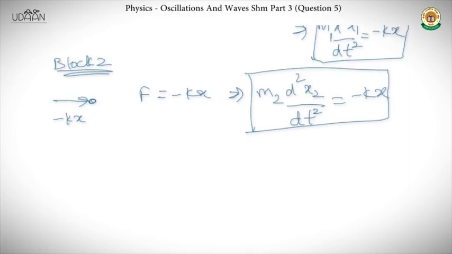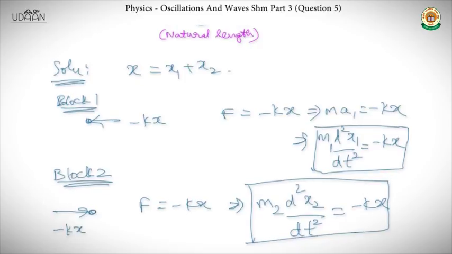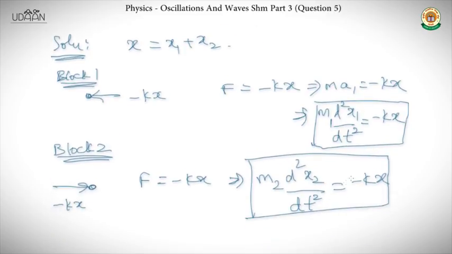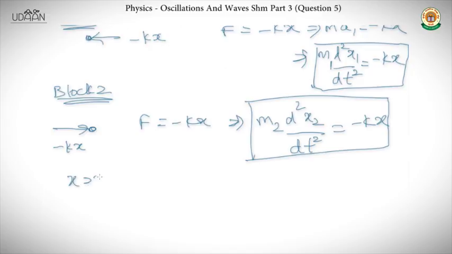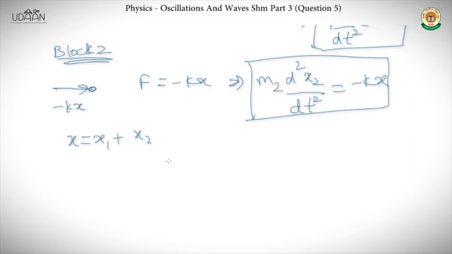Okay, alright. So from the first equation, that is x is equal to x1 plus x2, let's substitute these. Differentiate this with respect to time twice.